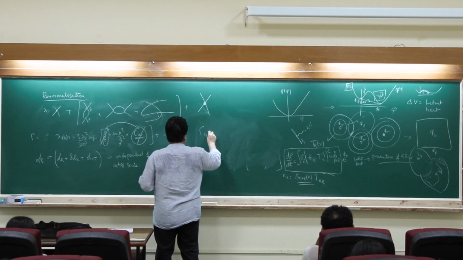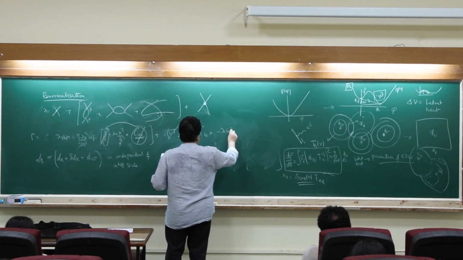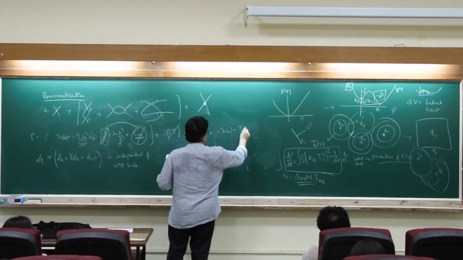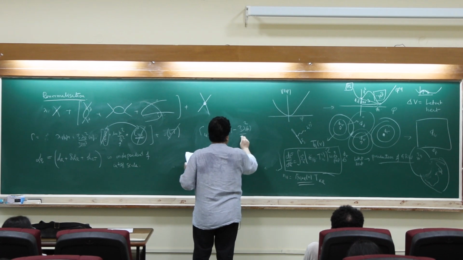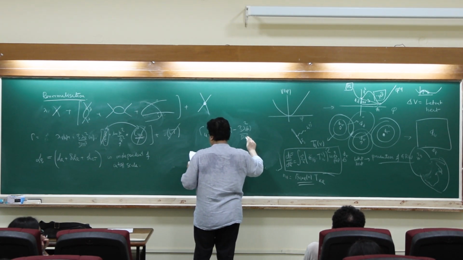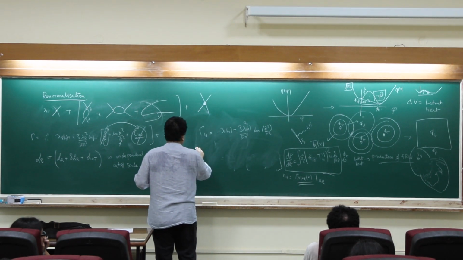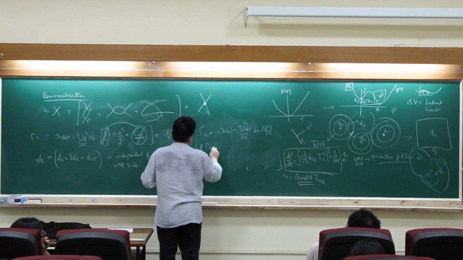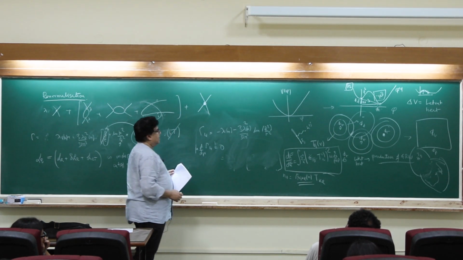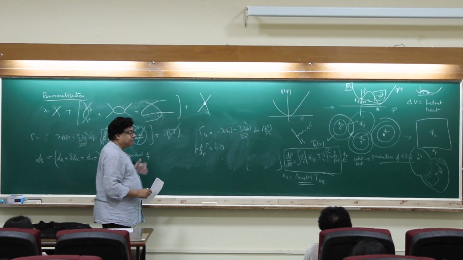Okay, and then if you do this, so gamma 4 is basically, okay. This has to be, the bare Lagrangian is independent of mu.